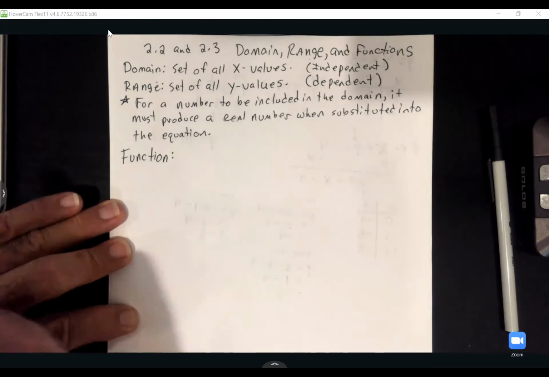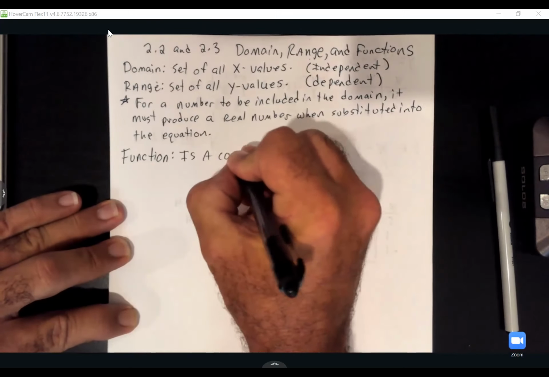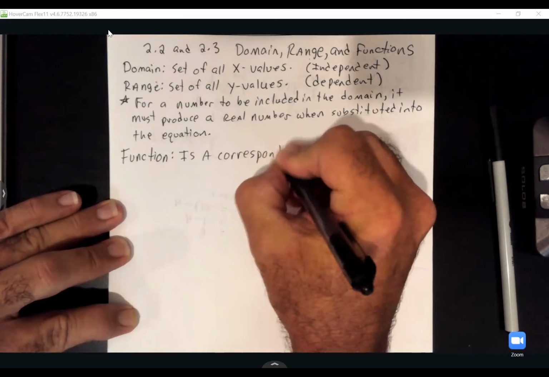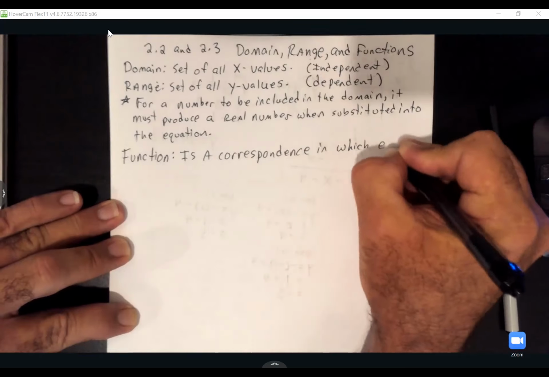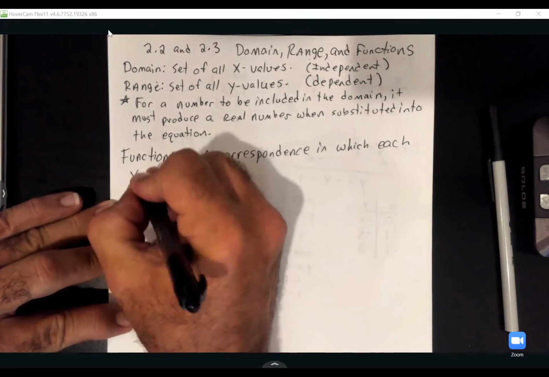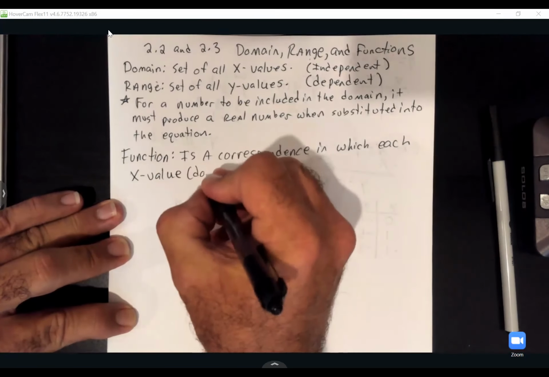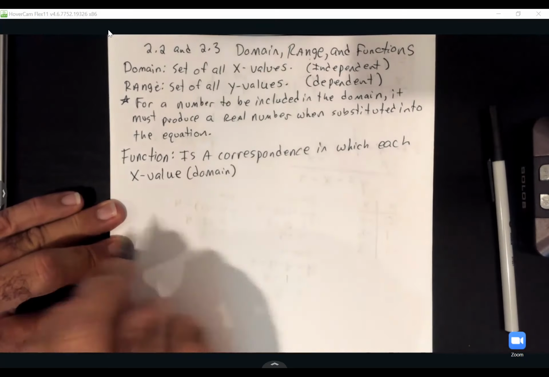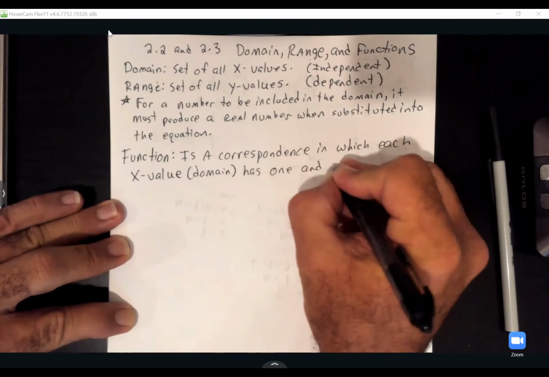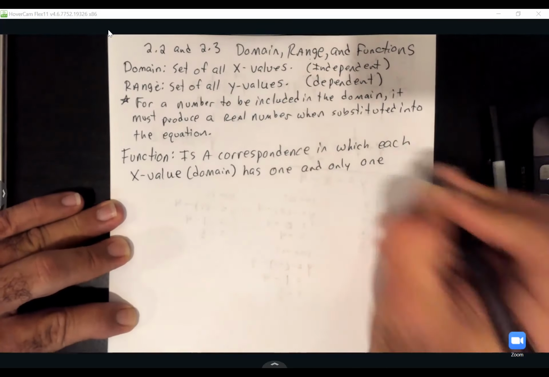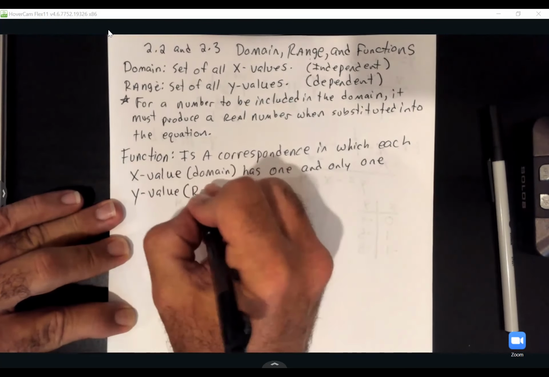So to be a good function, a function is a correspondence in which each x value, which is my domain, each x value has one and only one y value, which is my range.